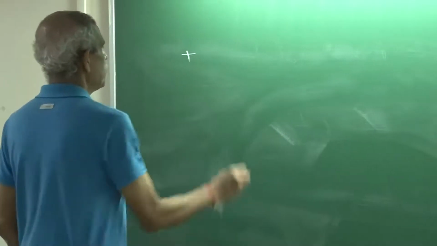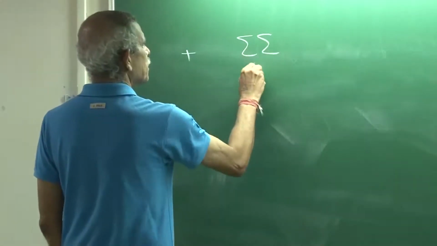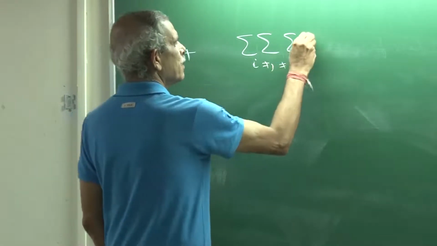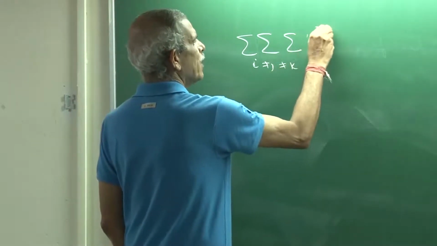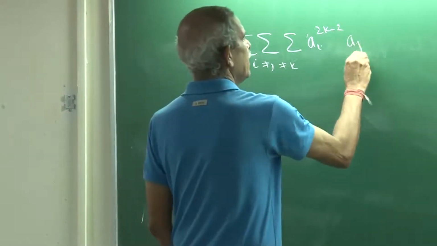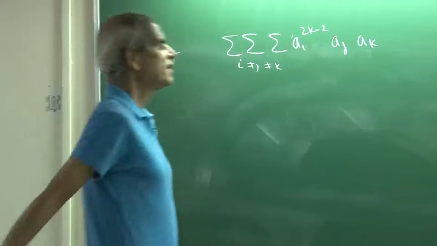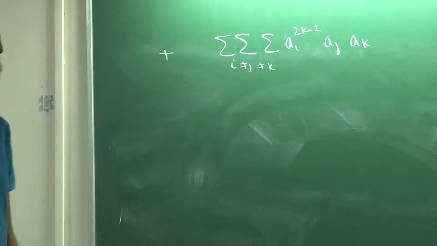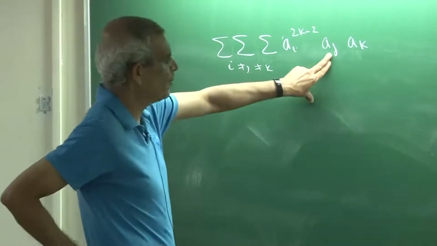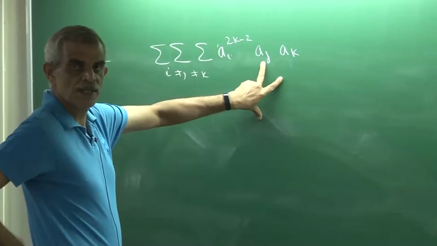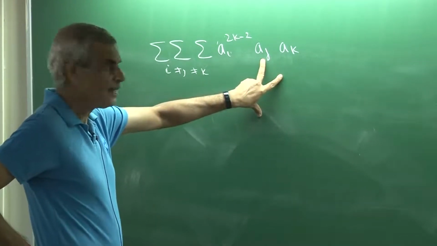So plus summation i not equal to j not equal to k, ai to power 2k minus 2, aj and ak. How do I do that? One way to do it is, first I choose the place for aj.